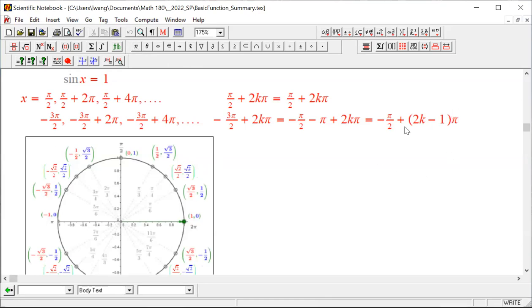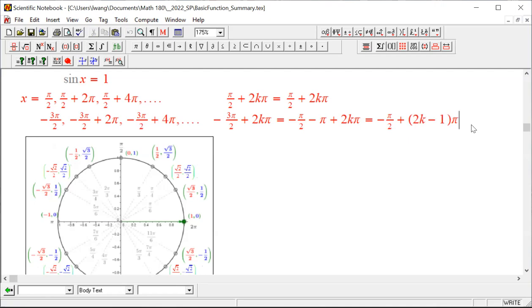So we have positive pi, negative pi, and positive pi over 2, negative pi over 2 plus multiples of 2 pi, or odd number multiples of pi.